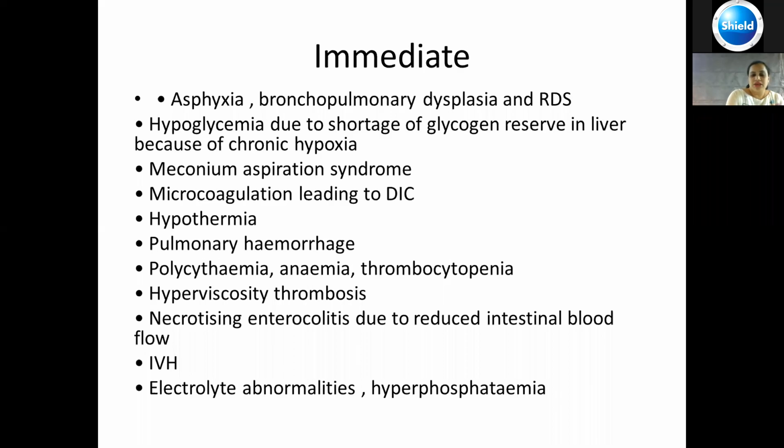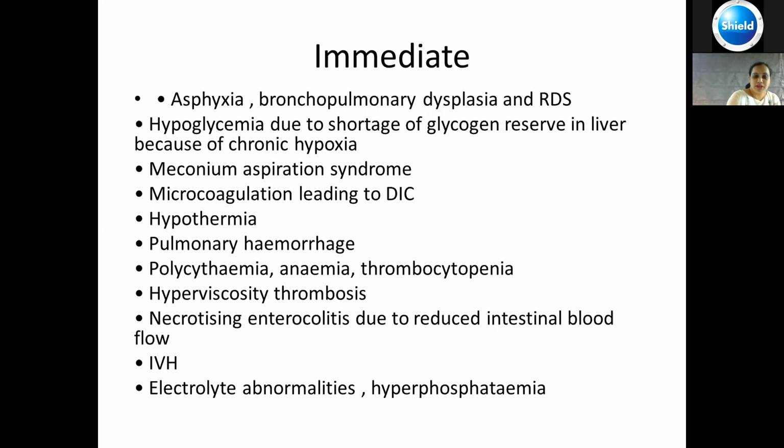After birth, there can be immediate complications or late complications with severe IUGR. Respiratory distress syndrome will be more common in these IUGR babies, and asphyxia can occur anytime. Hypoglycemic changes, meconium aspiration syndrome, and coagulation profiles can be deranged.